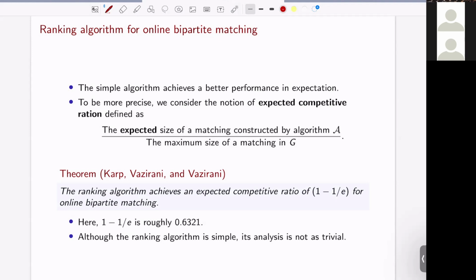Yeah, I don't have an answer for that. So the question is, can you prove that the results are concentrated around the expectation?